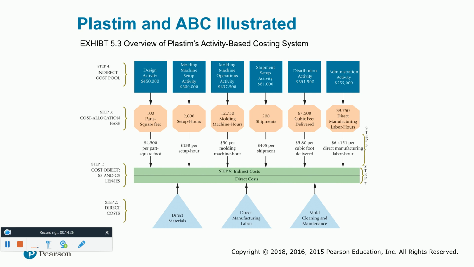Instead of using a flat $60 per direct labor hour, we are going to figure out what is the best cost driver. So for design activity, the best cost driver is 100 parts per square foot.